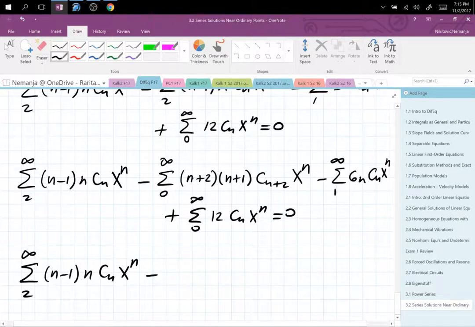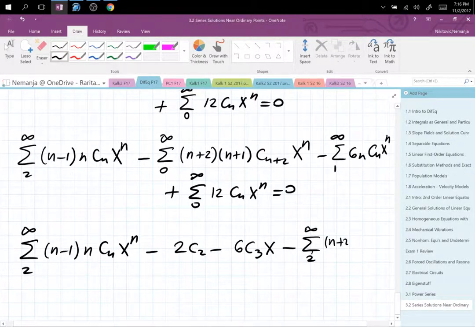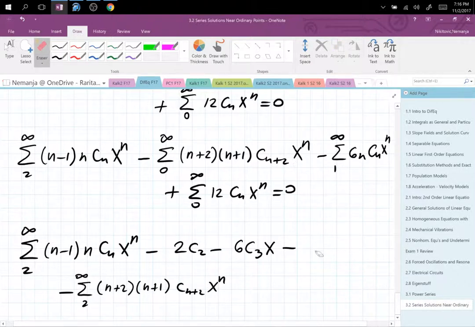When I plug in 0, I get 2 times 1, so 2c2, x to the 0, and then minus, when I plug 1 everywhere, I get 3 times 2 is 6c3 x, and then the rest is starting at 2, because now I can't fit over here, minus summation 2 to infinity n plus 2, n plus 1, cn plus 2, x to the n. Bueno.